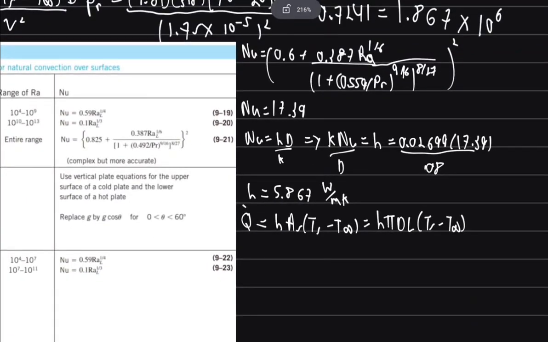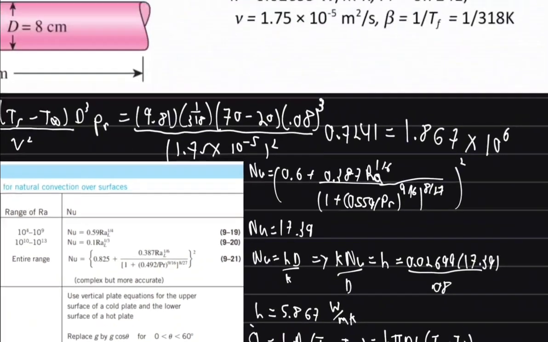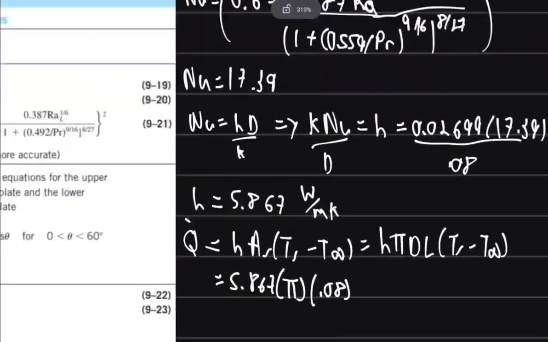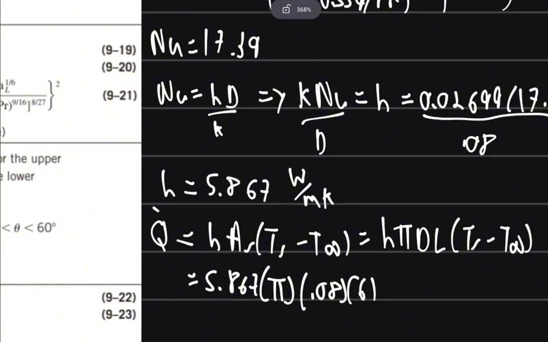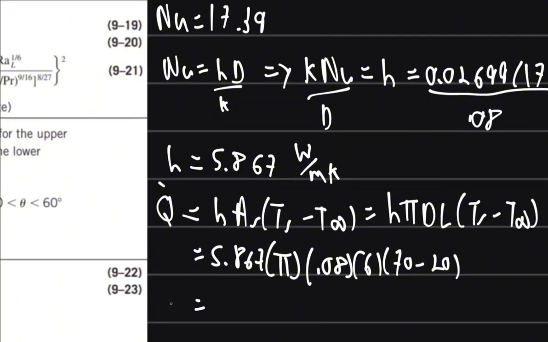Well, h is 5.867 times pi times D, 0.08, times L, what was L? 6 meters. And then 70 minus 20. Then we get Q is 442 watts from natural convection.